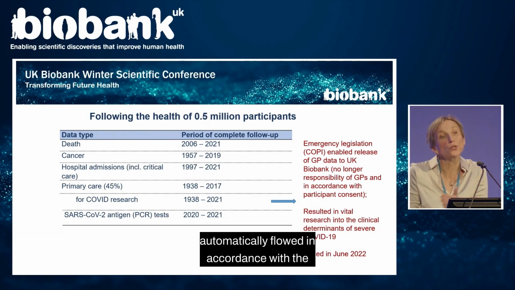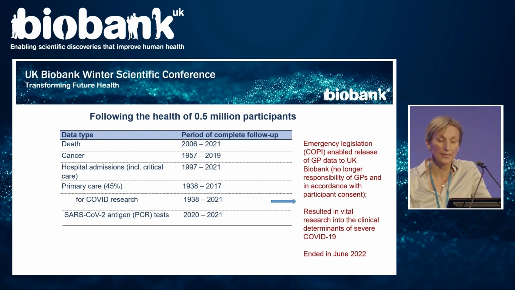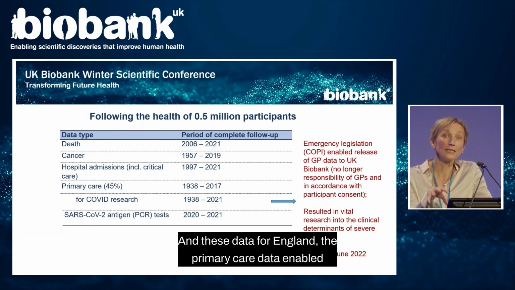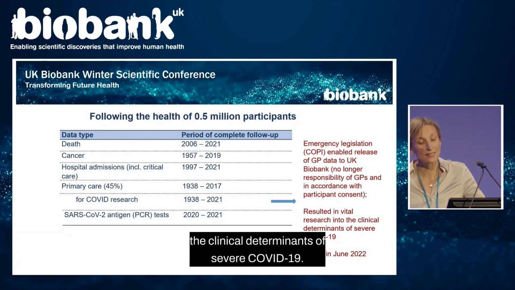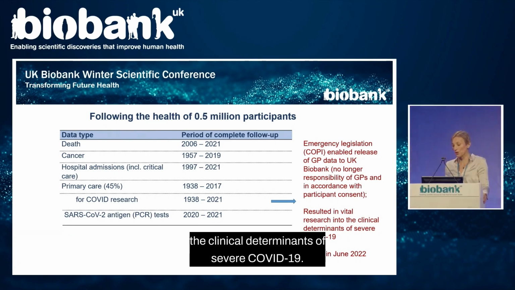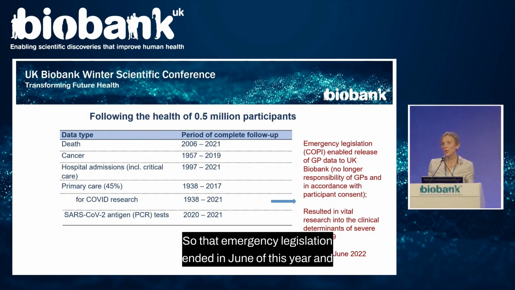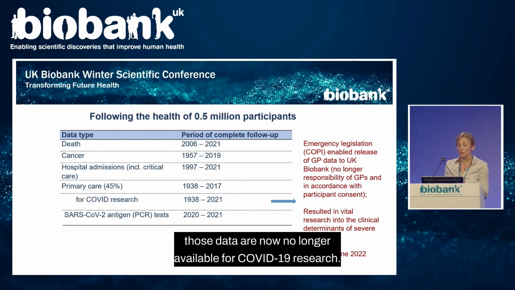The data just automatically flowed in accordance with the participants' consent. And these data for England enabled really vital research to be performed, particularly into the clinical determinants of severe COVID-19. So that emergency legislation ended in June of this year, and those data are now no longer available for COVID-19 research.